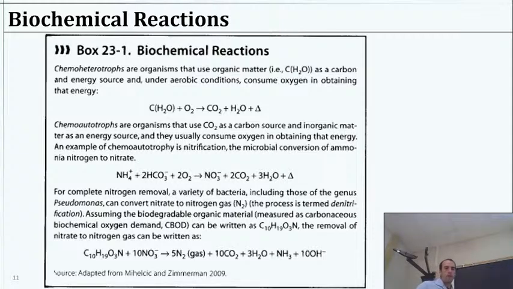Then another reaction we could describe here would be ammonia and bicarbonate, plus oxygen, yielding nitrate and CO2. So we could have another way to convert something. So ammonia is a good example of something that's kind of toxic.